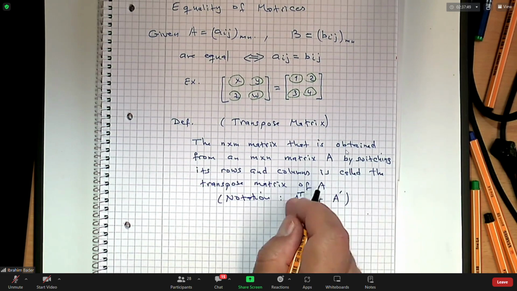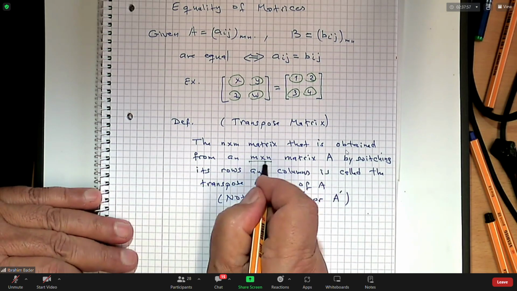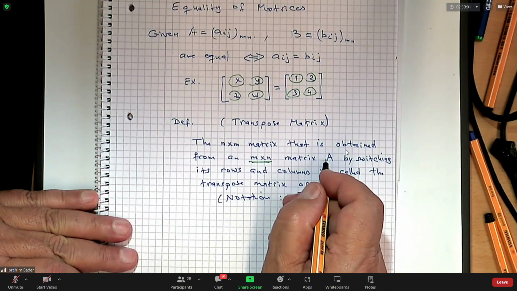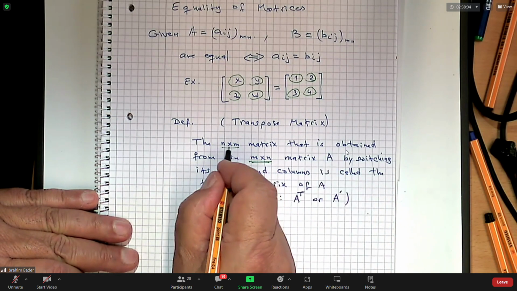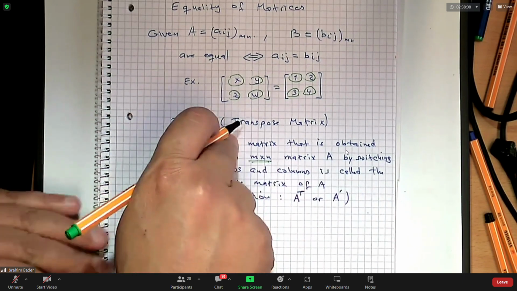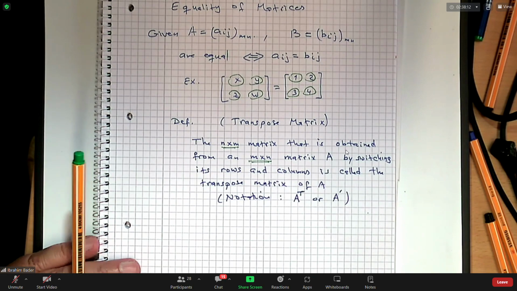Most likely I'll be using this A with T on top of it. So what does that mean here? I start with an N times N matrix. I call it A. Then I just flip rows and columns, and notice that the number of columns here is the number of rows there, and the number of rows is the number of columns. So this is just switching the order.